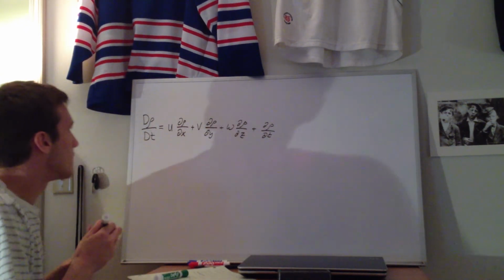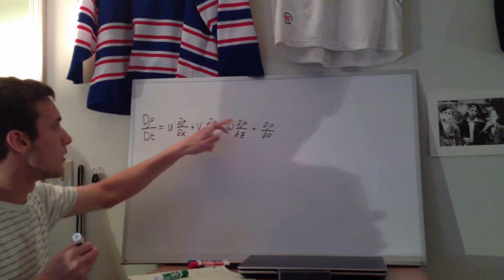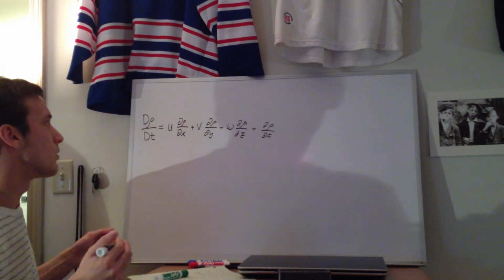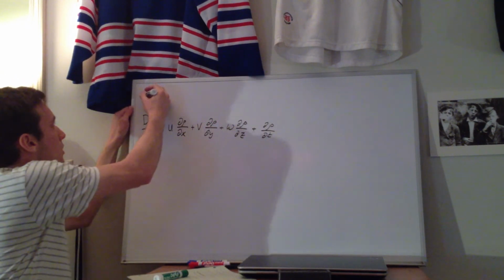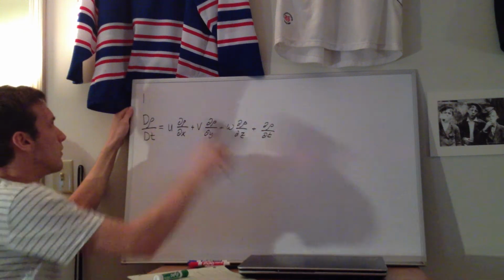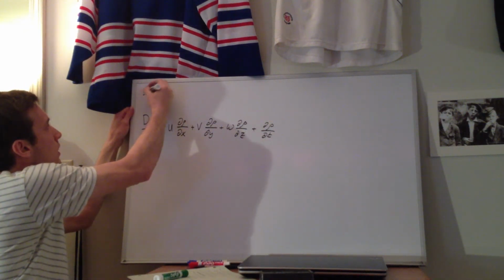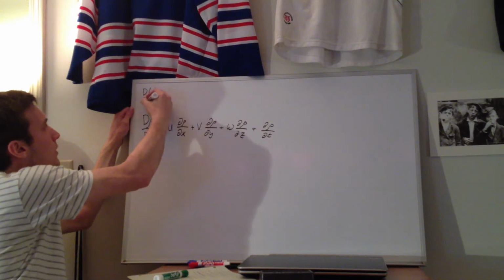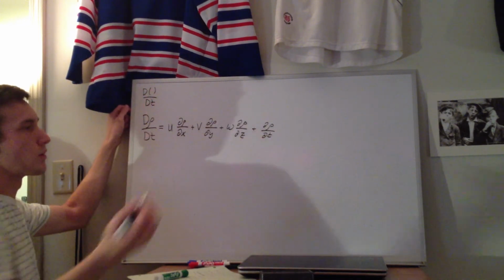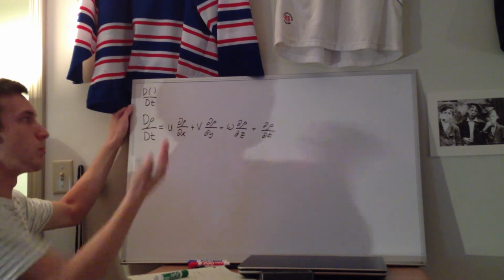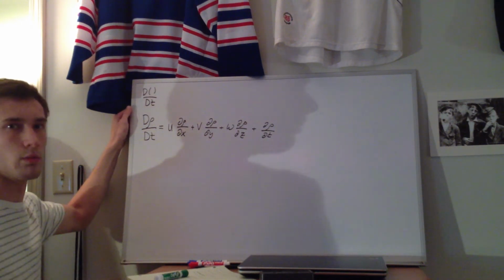What we can see here is I'm going to take out the rho density because that can be any flow field parameter. So I'm just going to write a general version of the equation of the substantial derivative, and I'm going to use these open parentheses to describe any flow field parameter. That's what you would plug in for rho, or it could be pressure, or it could be temperature.